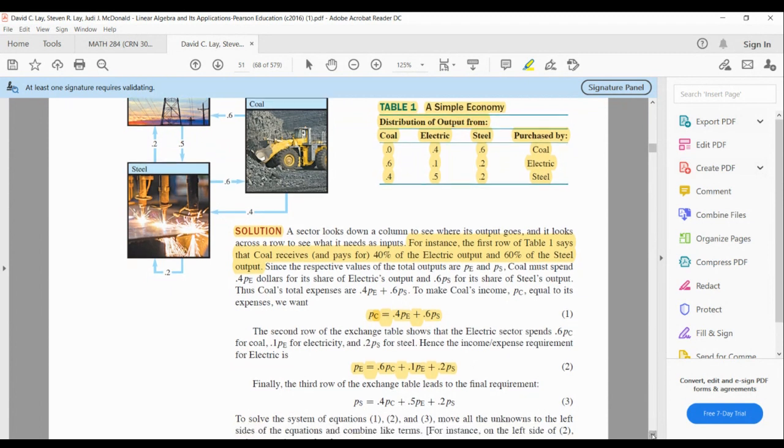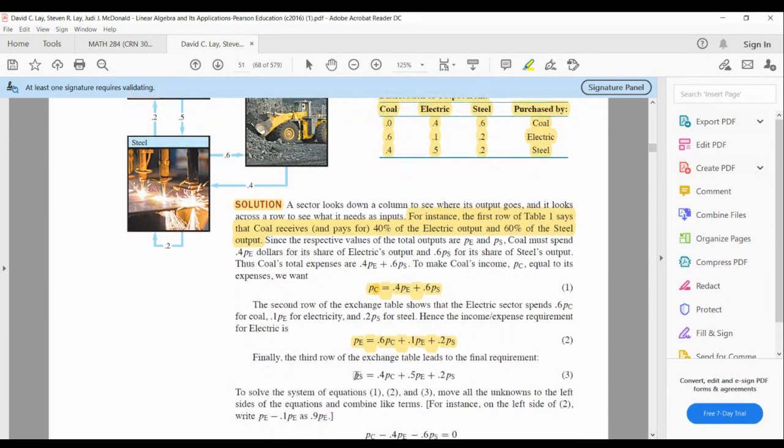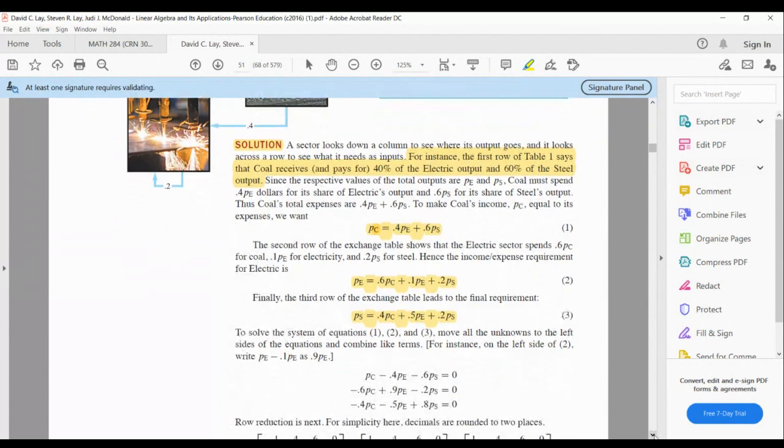Then you have a similar statement for steel. With these 3 equations, you can create a homogeneous system of equations.